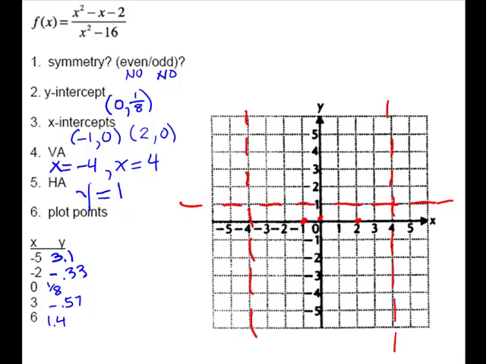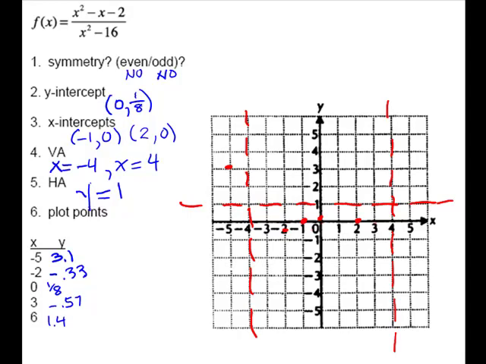So 1, 2, 3, and a tiny bit. So it's going to be up in that piece, and it'll go toward the asymptotes. Right? -2, and it's -0.33. So about a -1/3. It's about right there. 1/8 is actually on our graph.